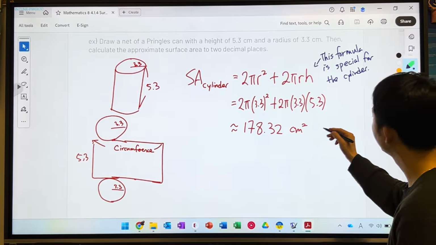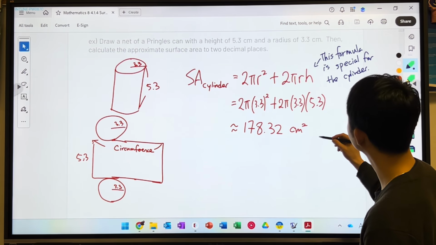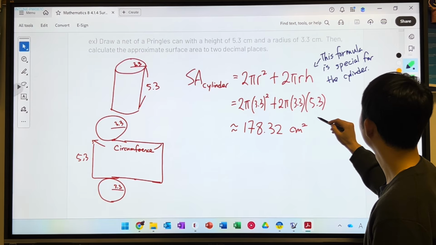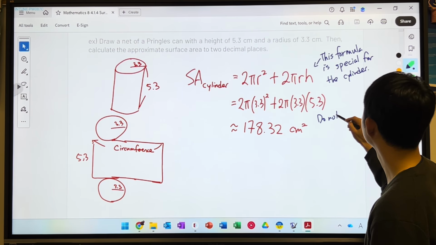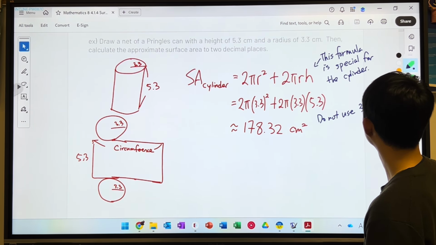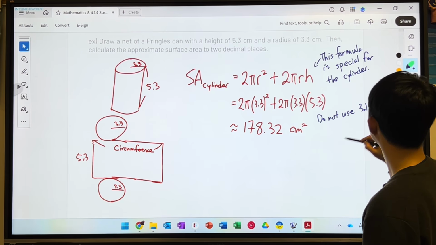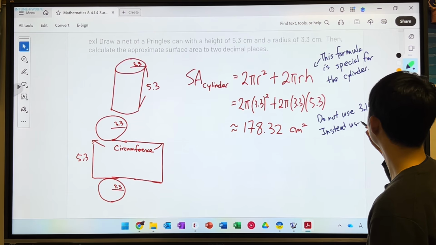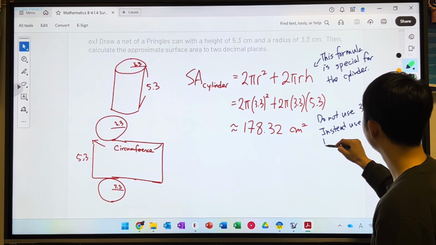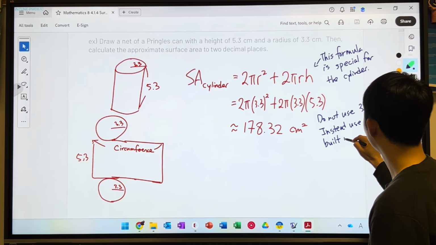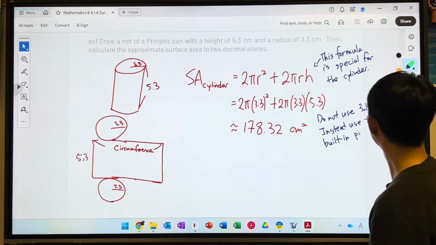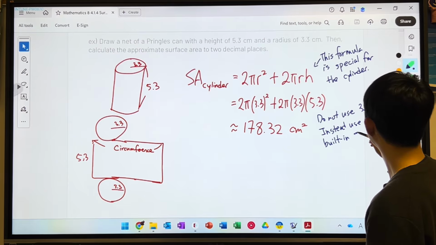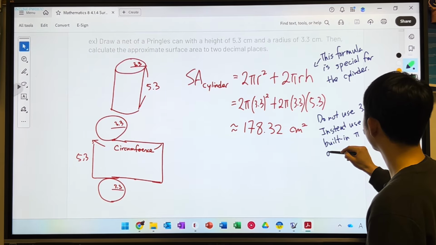And then in this case, I want to find the approximate answer. And here, do not use 3.14 as pi. Instead, use the built-in pi button on the calculator.